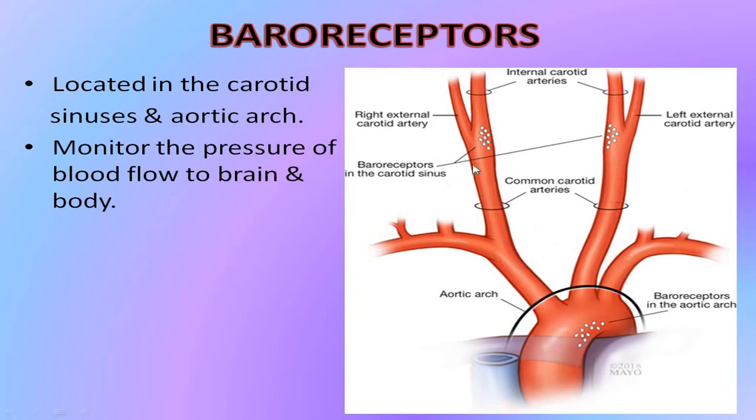This is a carotid artery which divides into two arteries, the external carotid artery and the internal carotid artery, and you see that at the base where it is dividing, there are receptors. There is a swelling which is called the carotid sinus, and this sinus consists of receptors for detecting the blood pressure. These are called baroreceptors.